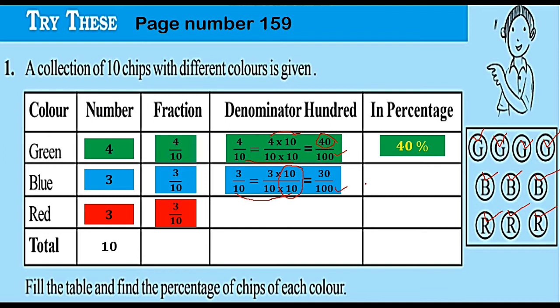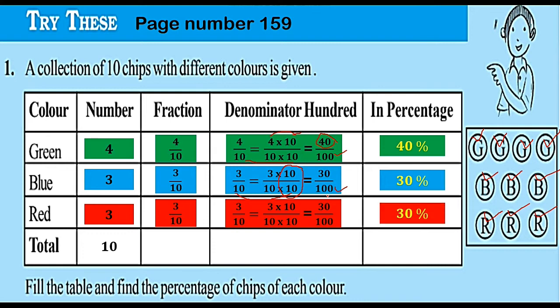So 3 tens are 30. 30 upon 100 is 30%. Next for red, 3 upon 10. Making the denominator 100, I will need to multiply it with 10. So 10 tens are 100, 3 tens are 30. 30 upon 100 will be written in percentage as 30%. So we have done question number 1.